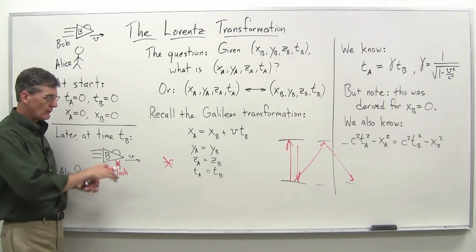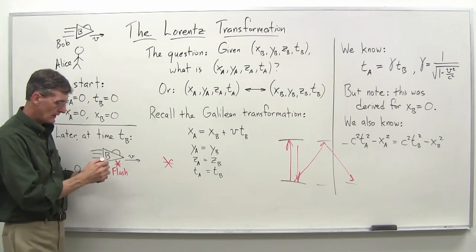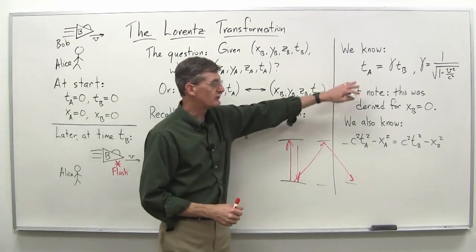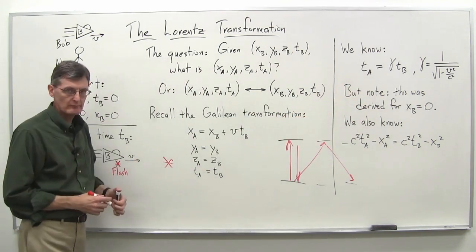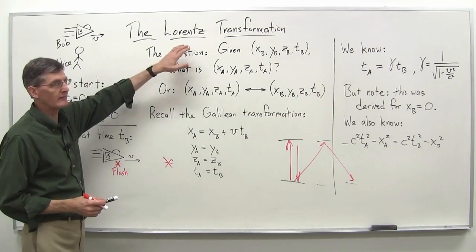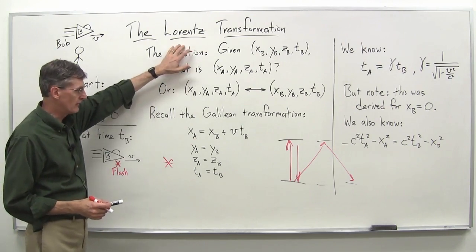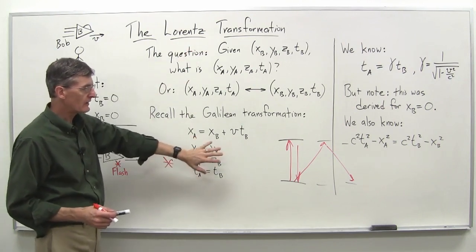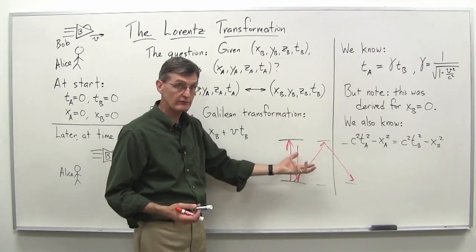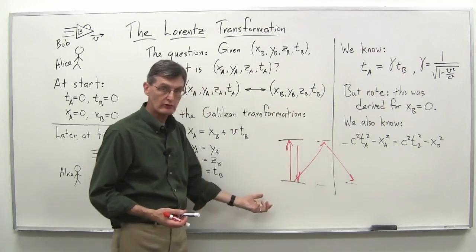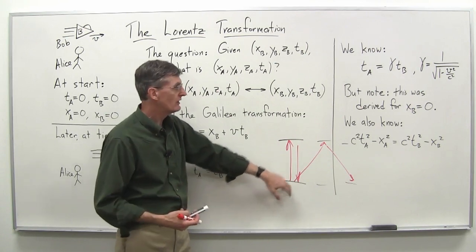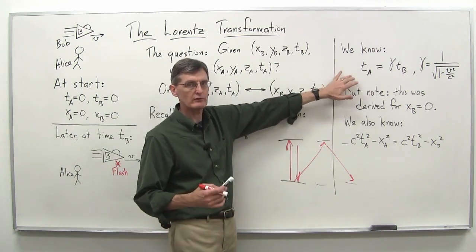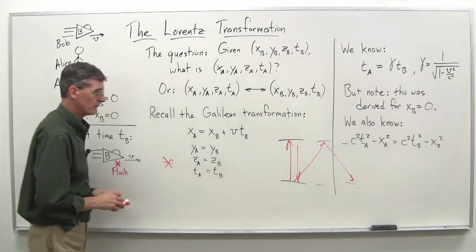And therefore, we'd have a more complicated situation. And this will still be true in a sense, but we need to actually get a more general form of it. And we will see that once we get to the end result here. The Lorentz transformation will have some equations that in the case for xb equals 0, when whatever is occurring, the flash of light, say, is at Bob's location, then this will still be true. But we're going to get a more general form of this type of relationship.